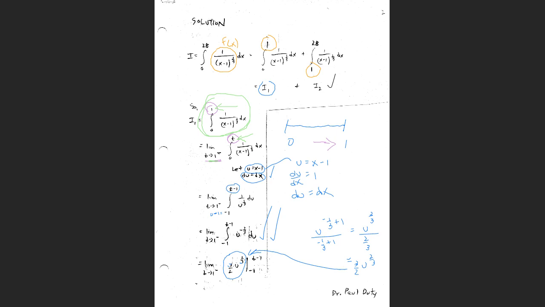But you see, we can't do an integral where the top limit is 1 because the denominator is undefined at x equals 1. So what I do is I say, okay, let me replace the top limit with a t value. t won't equal 1, but I will study the limit of the integral as t approaches 1. You see? And so that allows me to study this improper integral.